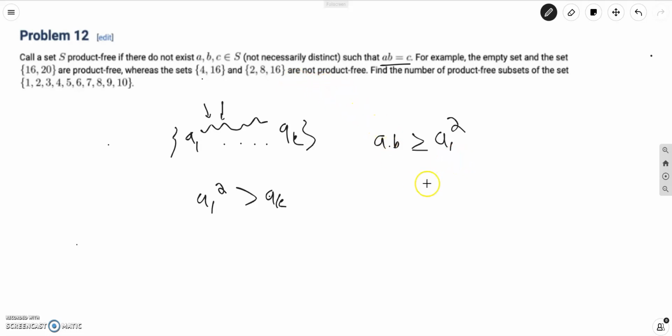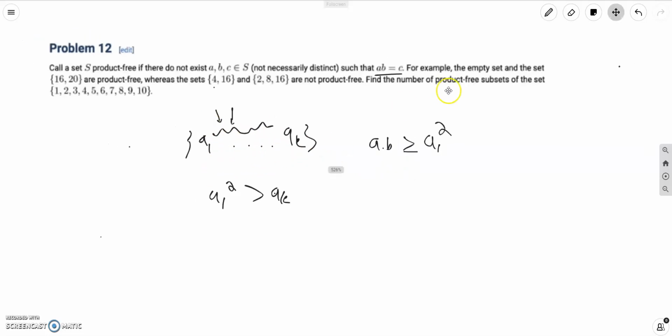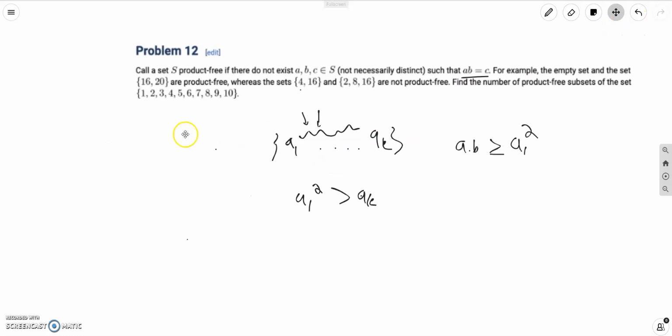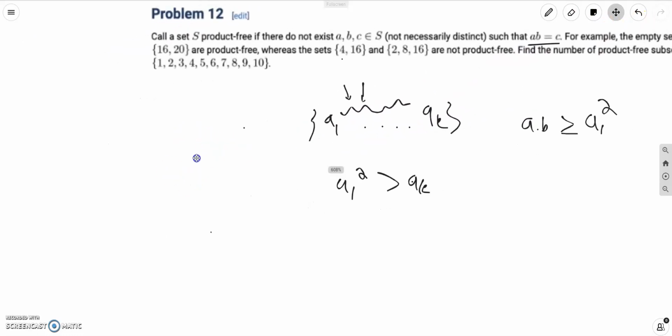That's what we want if we want to generate the smallest possible value. So if this smallest value squared is already greater than the largest value in our set, then for anything in between, we have 2 choices: to either include it or not include it. So we can use this fact in divvying up our casework over here.